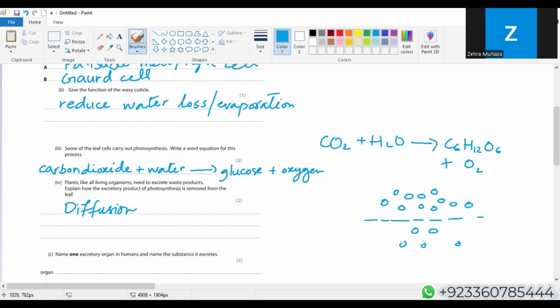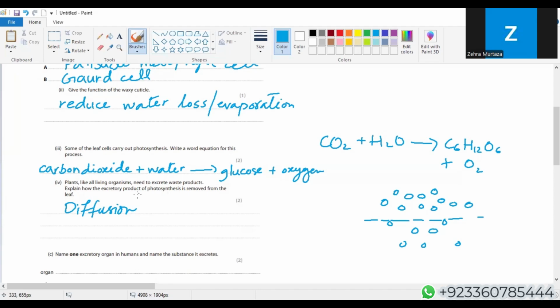Just like that, we can say the movement of molecules from a higher concentration to lower concentration is basically called diffusion. So the answer is diffusion through the concentration gradient. That is the answer.